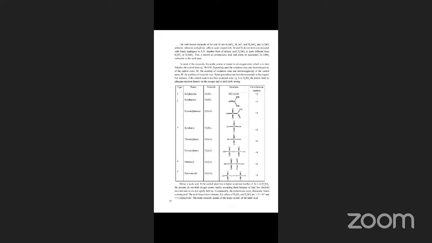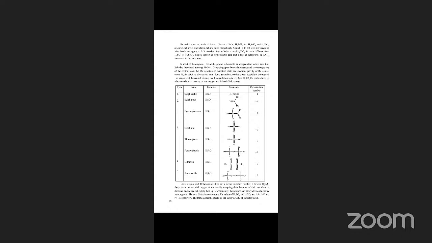Second paragraph. Yes, sir. In most of the oxy acids, the acidic proton is bound to an oxygen, which is bound to the central atom. Okay, now here M means metal. MOH. M means metal. Depending upon the oxidation state and the electronegativity of the central atom M, the acidity varies. Okay, now oxy acids, depending on the metals, the oxidation state is different.